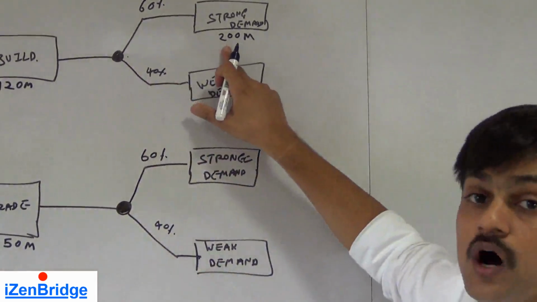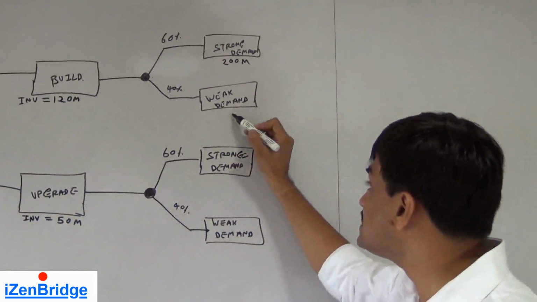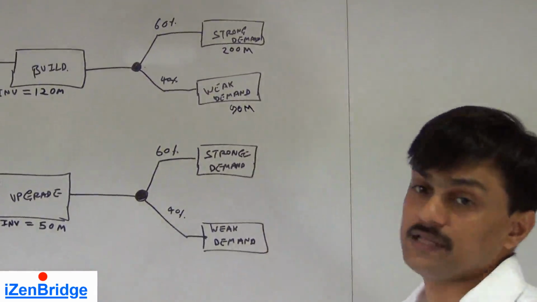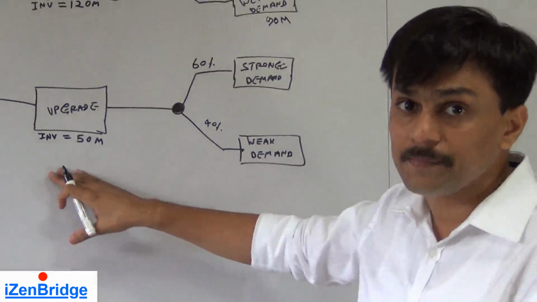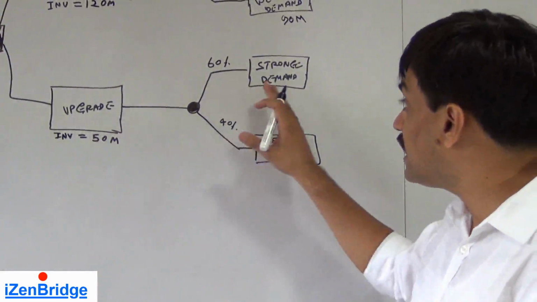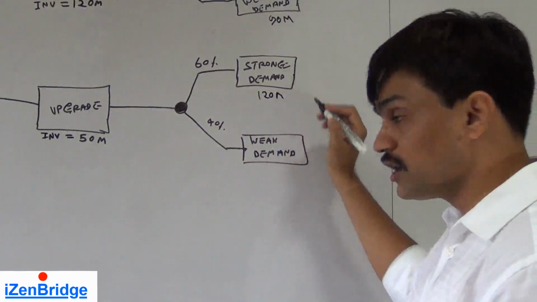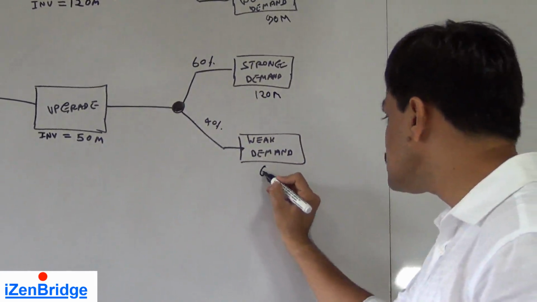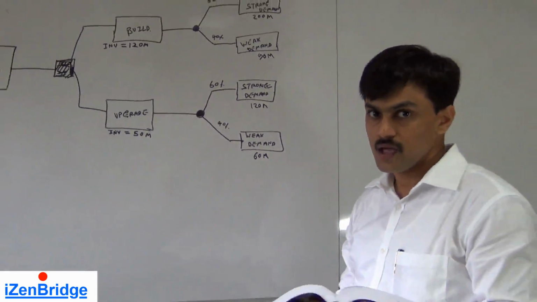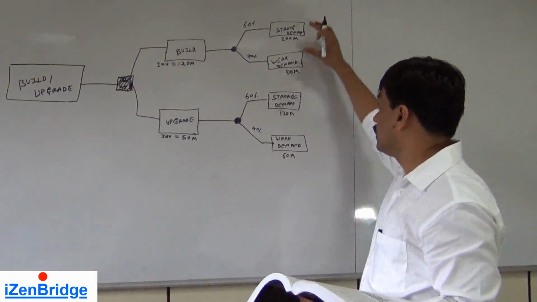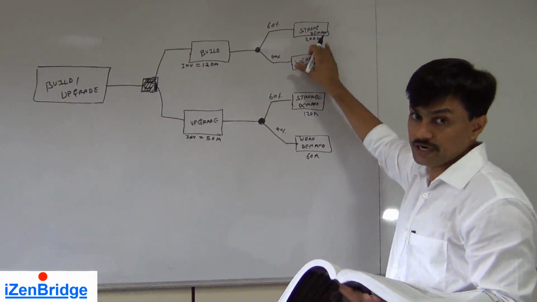If the demand is weak, we may only sell for 90 million. In the other option, since we are upgrading the plant, we can get 120 million from a strong demand and we get 60 million from a weak demand. Now these numbers are representing building the plant, having strong demand makes you 200 million.